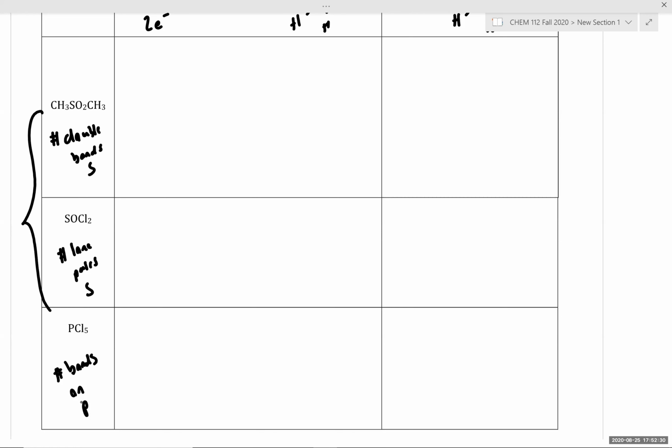Then we'll discuss this example momentarily. If you want to share your drawn structure, you can also share your webcam and hold your structure in front of the webcam, and I'd be happy to provide feedback in that case.